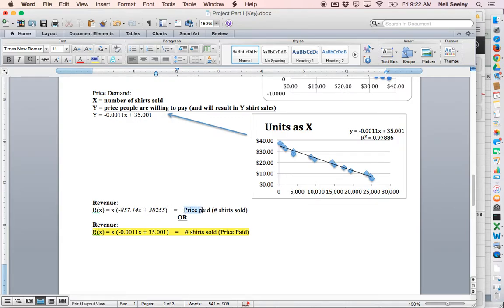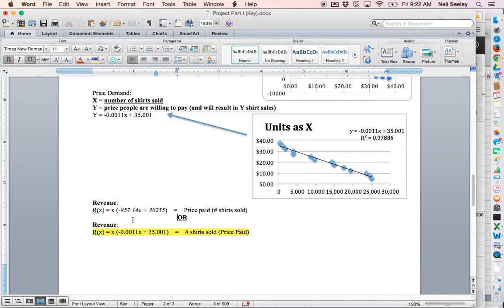If you put X as price paid and you multiply it by your demand function, well, your demand function is spitting out, in the first example here where X is the price paid, the number of shirts sold as an output. So when you multiplied them, it does give you revenue.